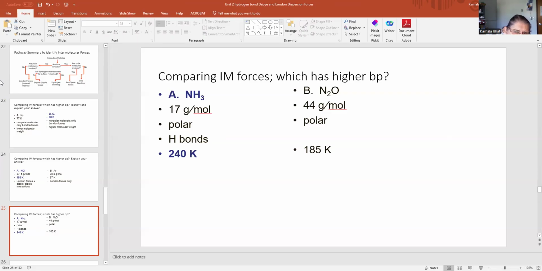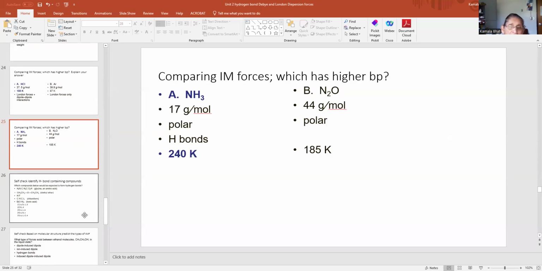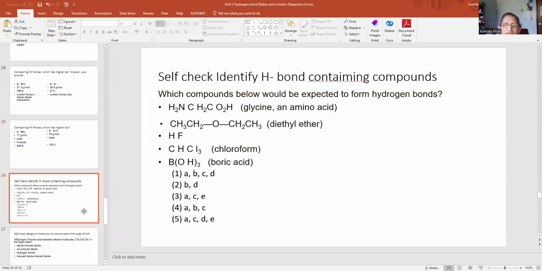In the case of ammonia, there is a hydrogen bond. In the case of dinitrogen oxide, or nitrous oxide, we have no hydrogen bonds. And as we continue along, the remaining few questions are for self-study.